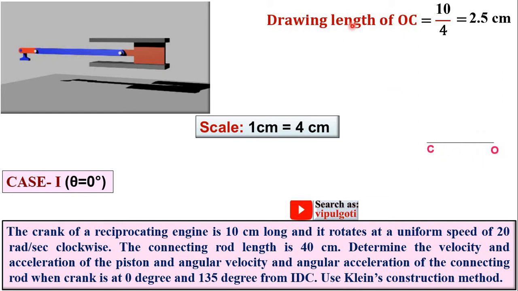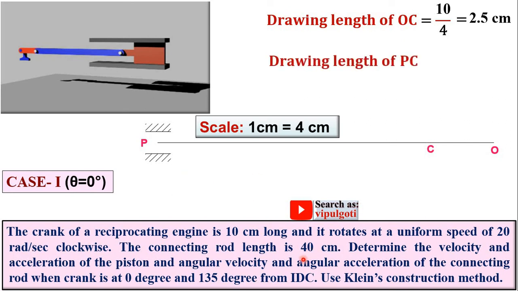That's why it is called the drawing length. Then connecting rod CP. Here you can see the crank and connecting rod. This is the crank and this one is the connecting rod, and that is given to you as 40 cm. So the drawing length of the connecting rod is equal to 40 cm divided by the scale, so it will be 10 cm. So this is your space diagram, we can say.